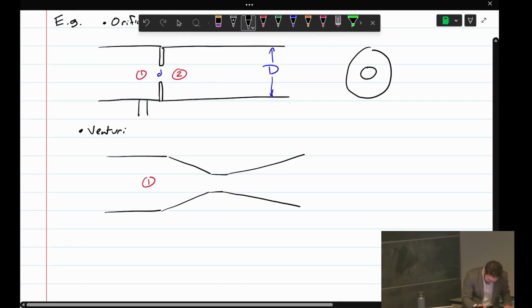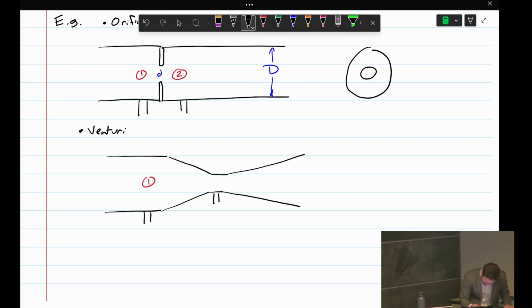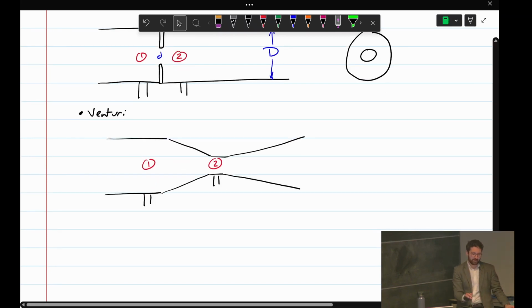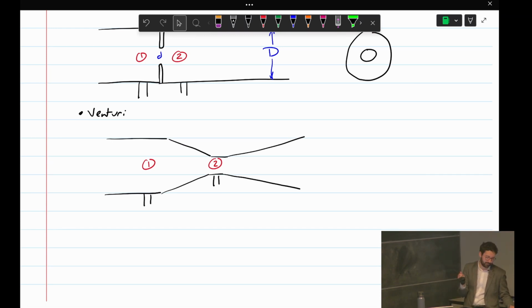You would have some sort of pressure tap here. So they use the exact same principle. They measure a pressure differential. But the Venturi has a much lower minor loss because the expansion and contraction is much more gradual.